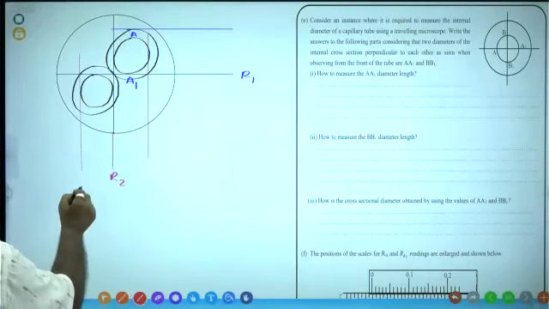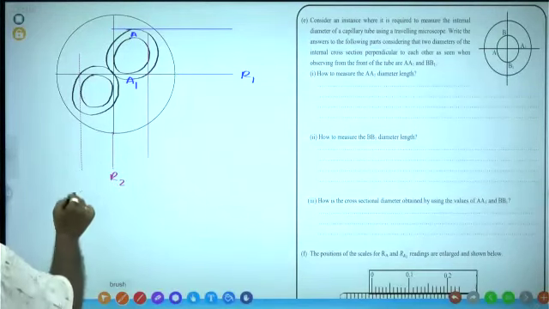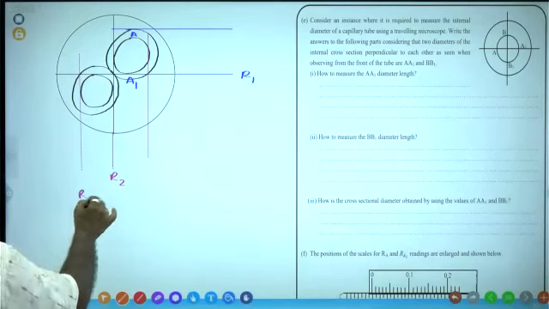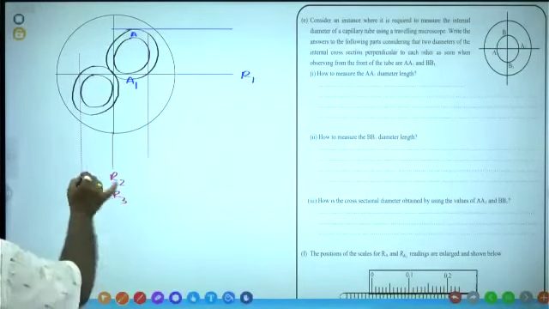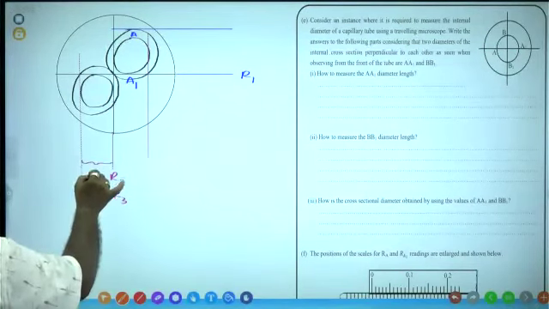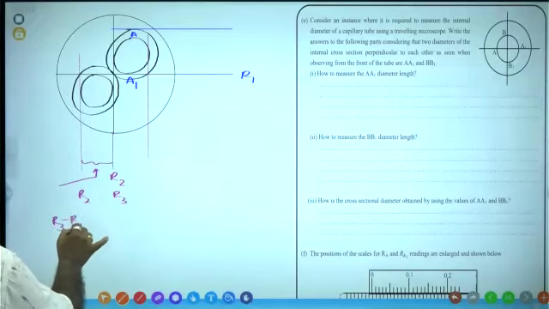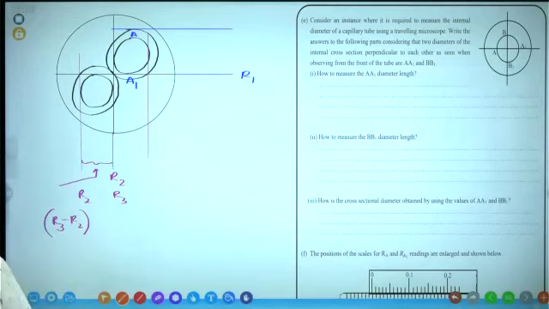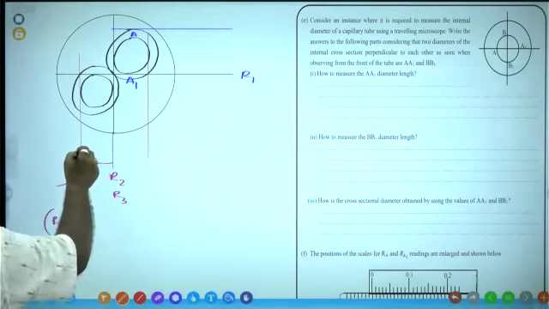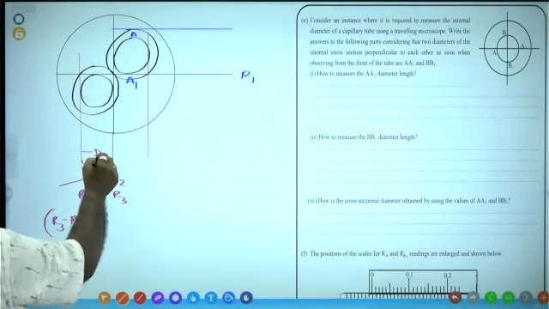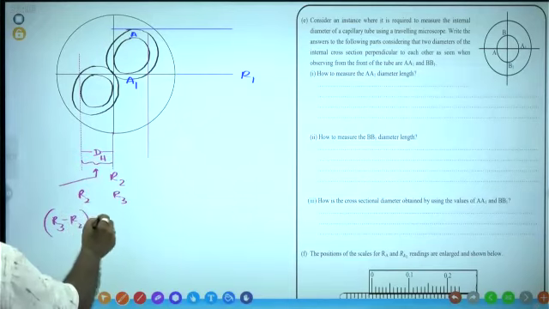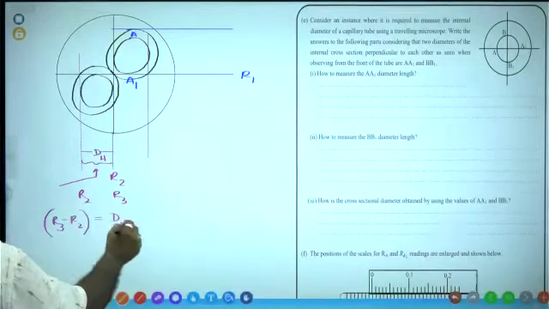Now this one is R2, and this one becomes R3. Here to here, the gap is R3 minus R2 or R2 minus R1. This is called the horizontal diameter, dH.